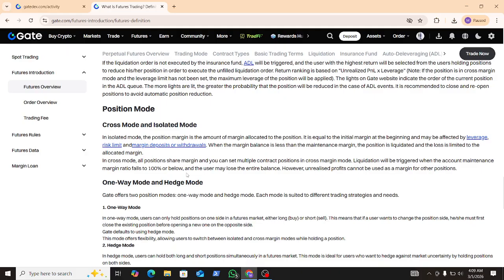In cross mode, all positions share margin and you can set multiple contract positions in cross margin mode. Liquidation will be triggered.